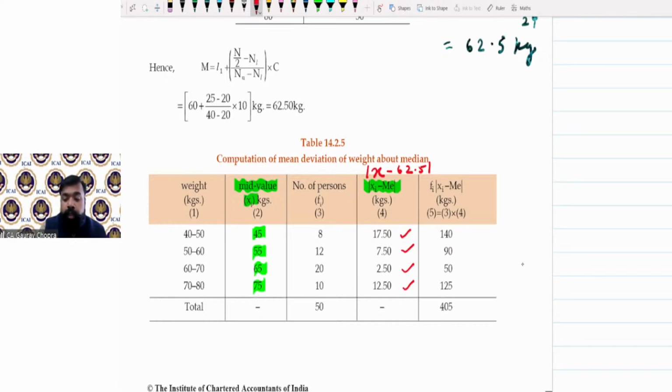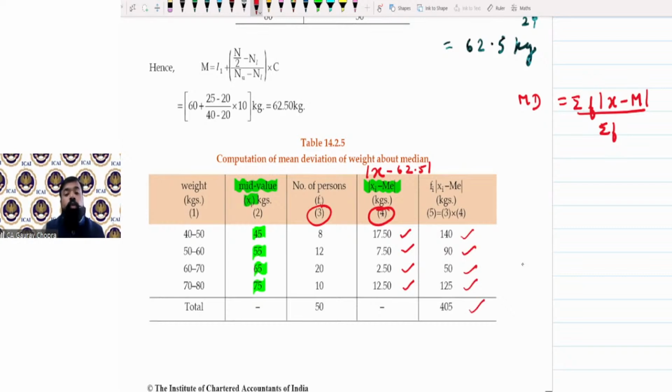Now, according to the formula, it will be sigma f mod x minus median upon sigma f. So we have to multiply these two, that is frequency multiplied with this deviation. So 3 multiplied by 4. These two columns we have to multiply to get the total. So 140, 90, 50, and then 125.